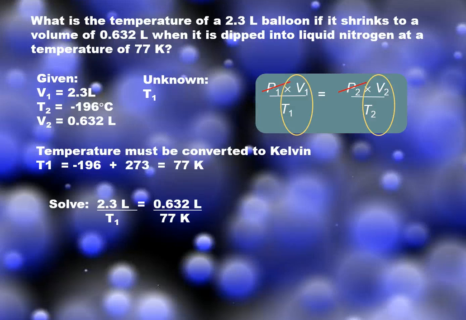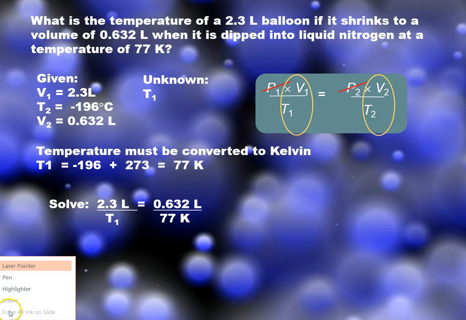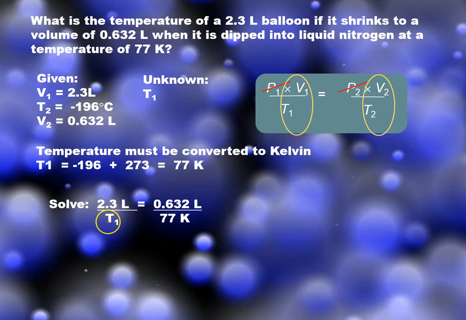We're going to plug in our numbers, as I did here. So we have 2.3 liters over T1 is equal to 0.632 liters over 77 Kelvin. Now what some of you like to do, and this is no big deal, you can do this. If you want to, you can take this T1 and make it equal to X and then solve for X. And how would you do that?